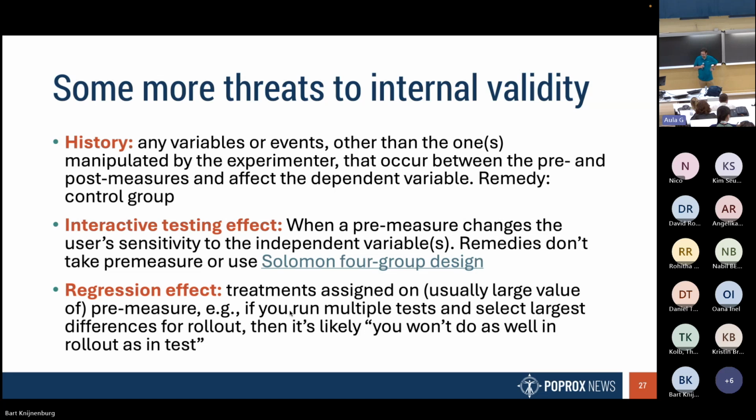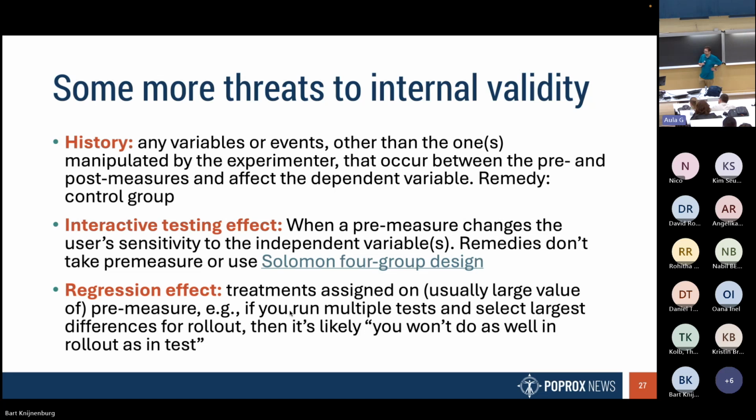So this is a regression effect. What is this saying? If you test a bunch of things and then you choose the factors that did best in your test to roll out, you will often observe worse performance when you roll it out to much larger sample sizes.